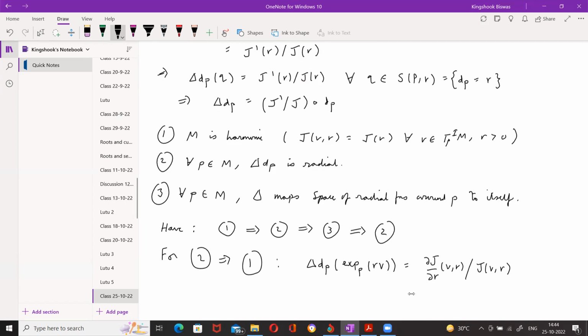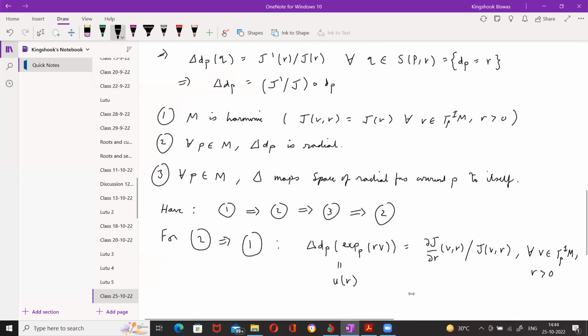Now, what are we saying? We're saying that this is a radial function, the Laplacian of the distance function. That's our hypothesis, right? So this is some function u of r, for all v in the unit tangent sphere T_pM and r positive. So what does that mean? That means that del J del r divided by J is independent of v. It just depends on r, right?